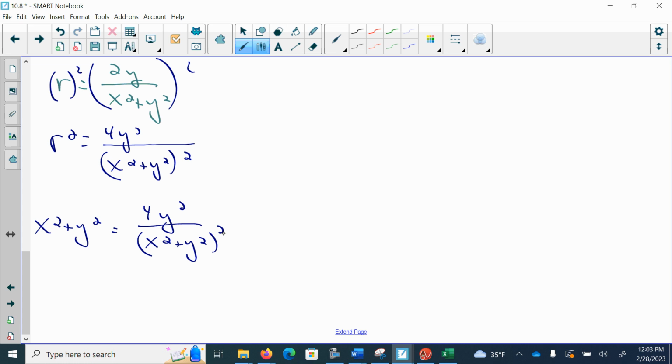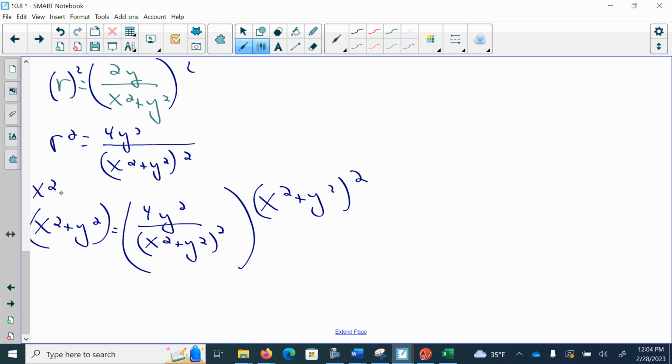Then what would you do? Can I simplify it at all? I'm probably going to multiply both sides by x squared plus y squared, squared, right?